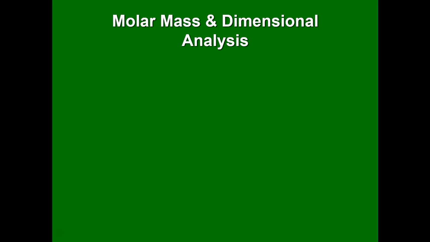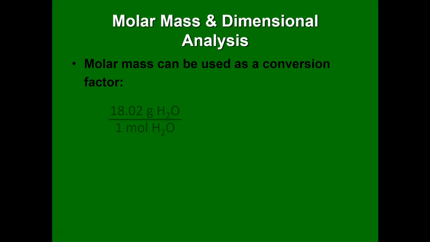Okay, let's talk about molar mass and its use in dimensional analysis, which is really the point of understanding molar mass and being able to calculate molar masses: to use them in calculations. And so molar mass can be used as a conversion factor. We talked in the previous video about the fact that a molecule of water weighs 18.02 atomic mass units.